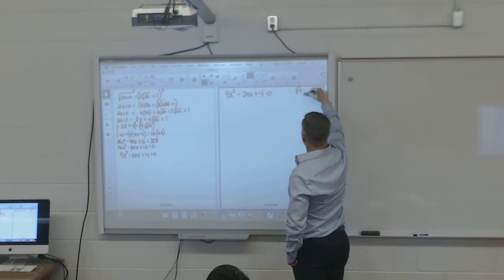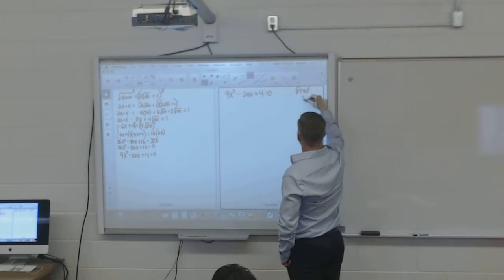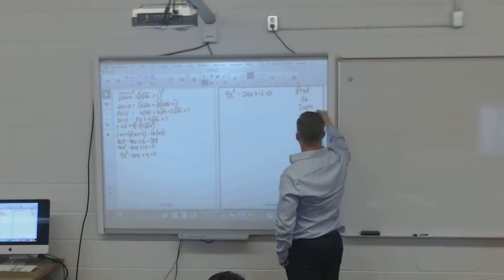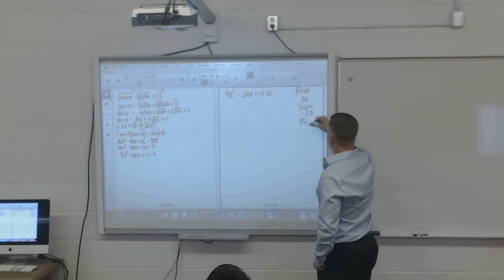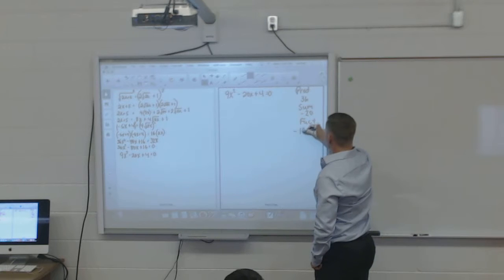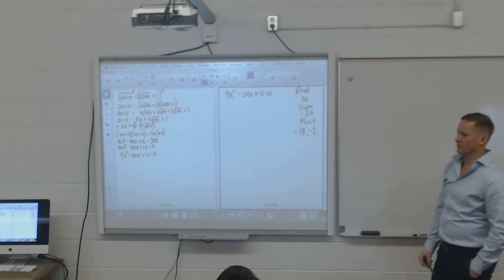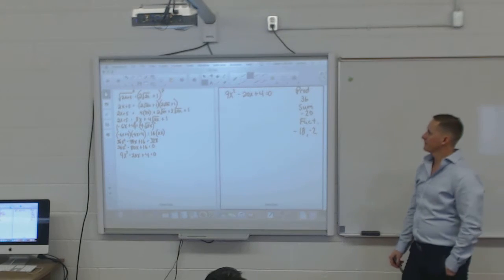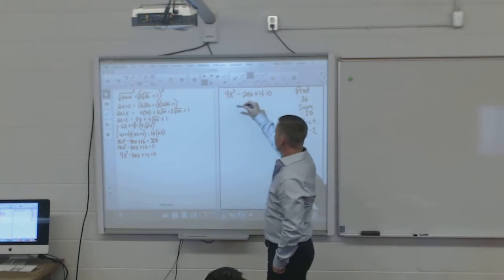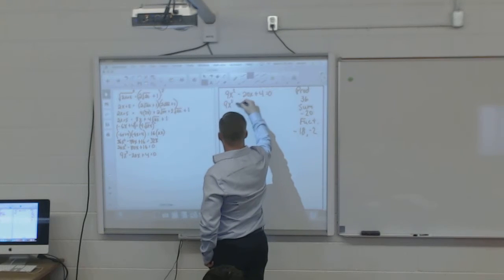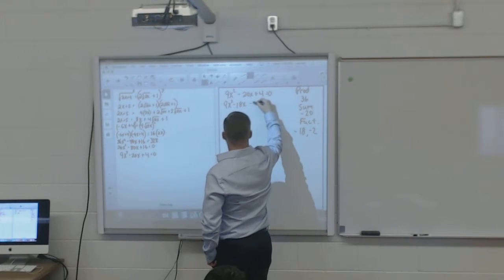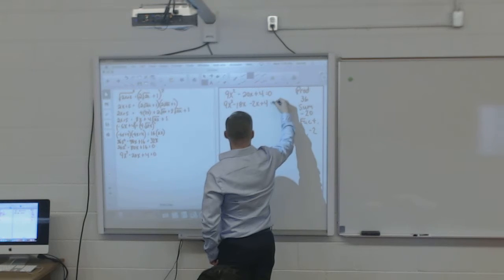Okay, so the product is 36, sum negative 20, factors negative 18 and negative 2. Right, gotta give me negative 20. So 9x squared minus 18x minus 2x add 4 equals 0.